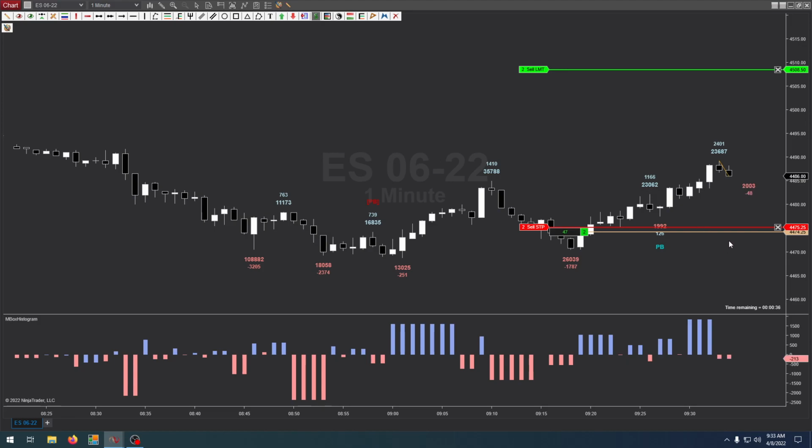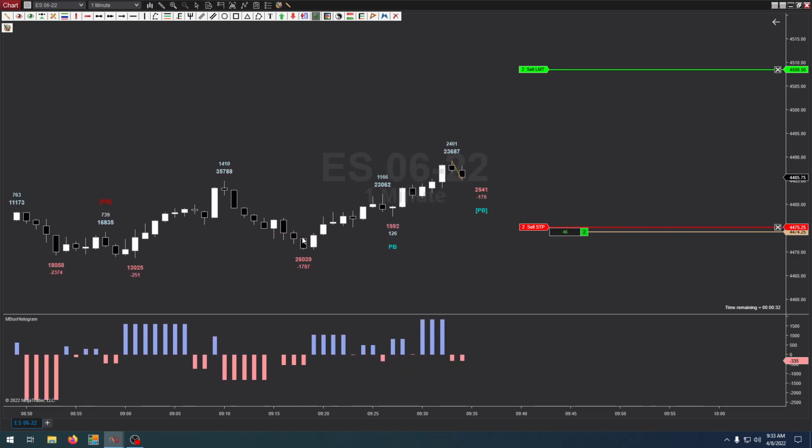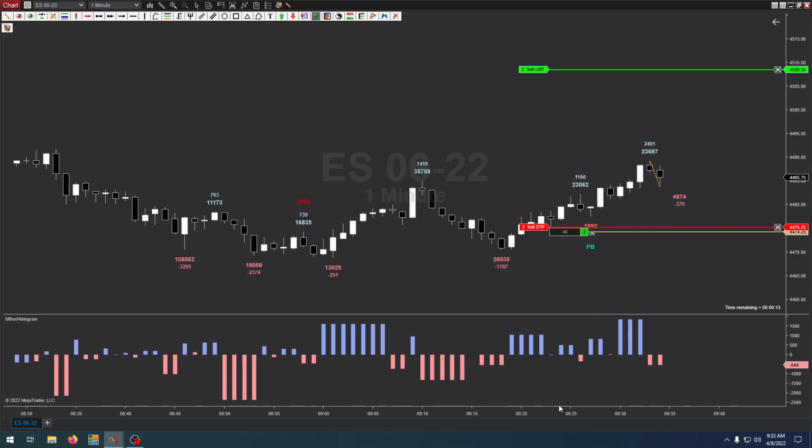But basically on the 1-minute, we've kind of created a small trend. By that I mean we have the low here, we have a swing high, we have a higher low swing here, a higher high swing here. Now we're trying to create a higher low swing. So we are in a trend right here on the 1-minute.